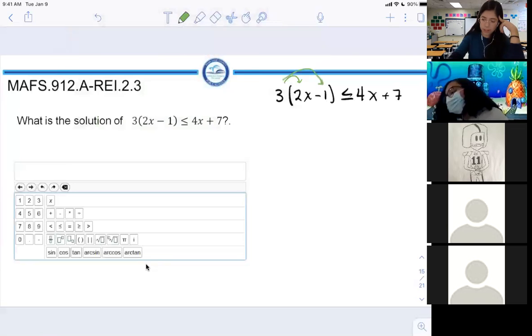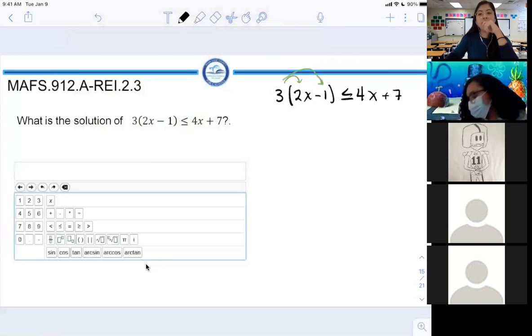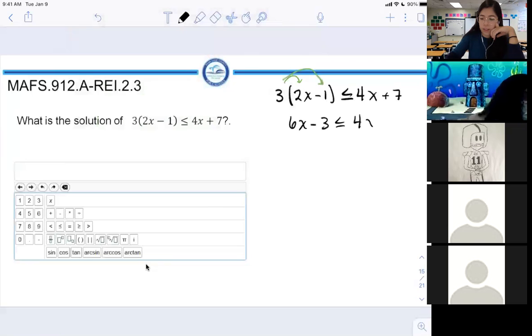We distribute first, 3 times 2x. 6x, good, Tyrone. 3 times -1, -3. Okay, now what? Move the 4x.